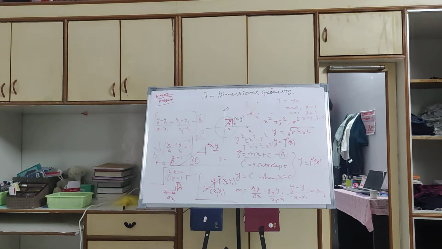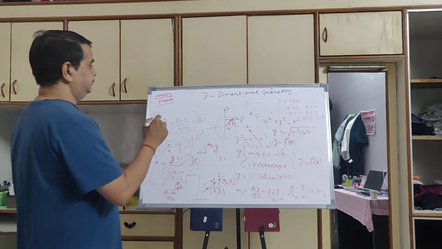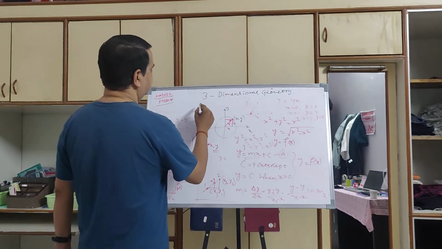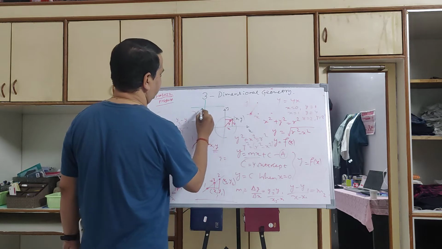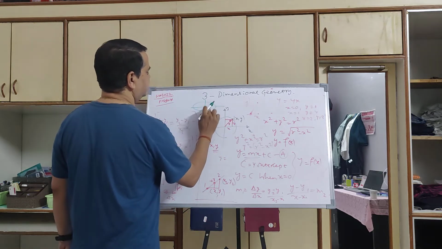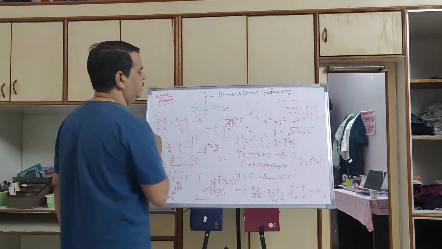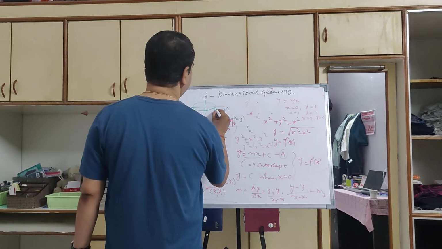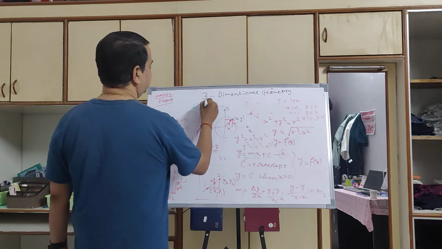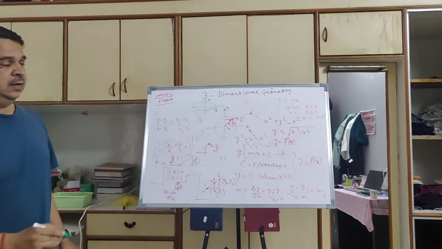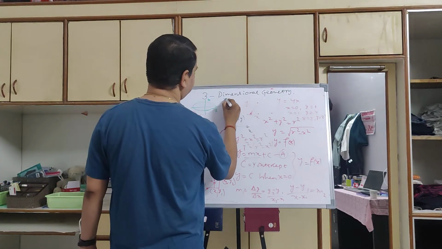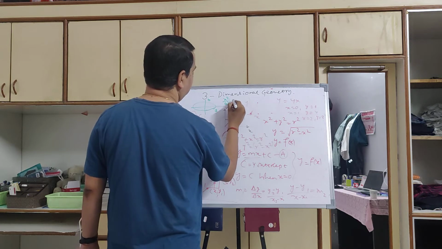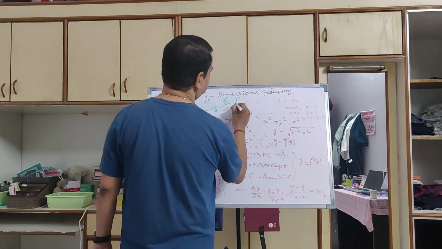When a and b are equal. Okay. So let us say this is an ellipse. An ellipse will have a major axis and a minor axis. So let us say the major axis a, the minor axis b. Okay. So the equation of an ellipse is x square by a square plus y square by b square is equal to 1.